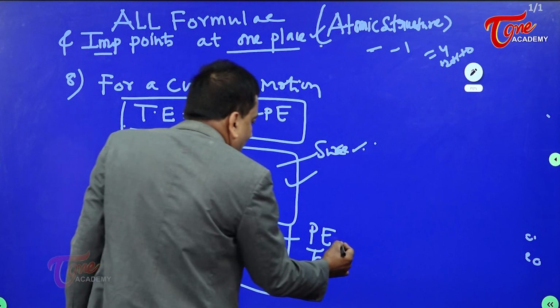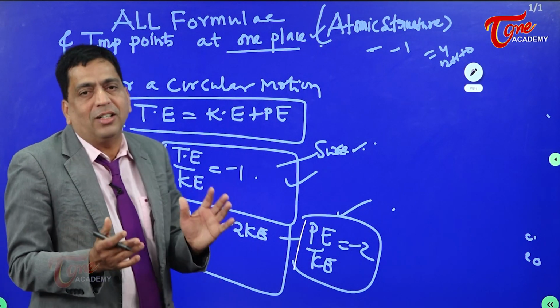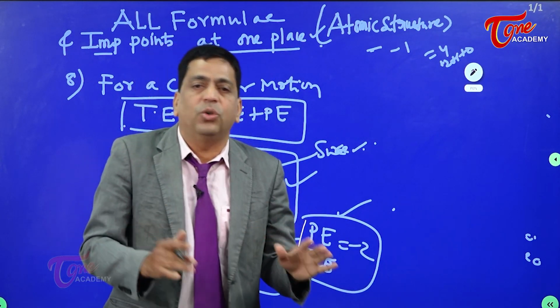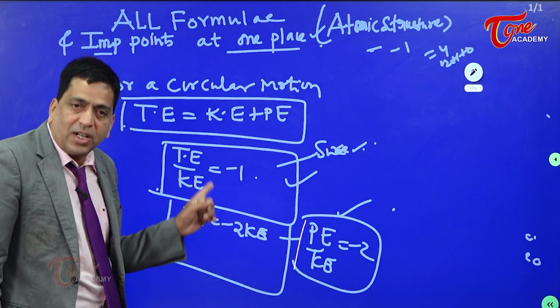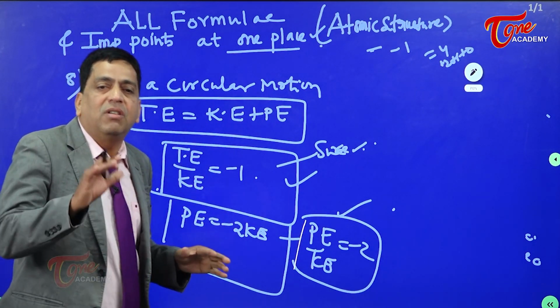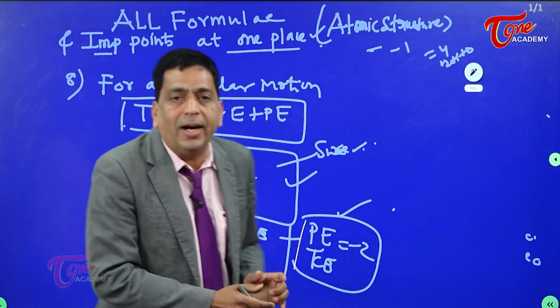Potential energy by kinetic energy is minus 2. You must understand this. Those are the relations you will get in the exam, and mind you, this has been asked n number of times. Total energy by kinetic energy is minus 1. That is the first question you will get.